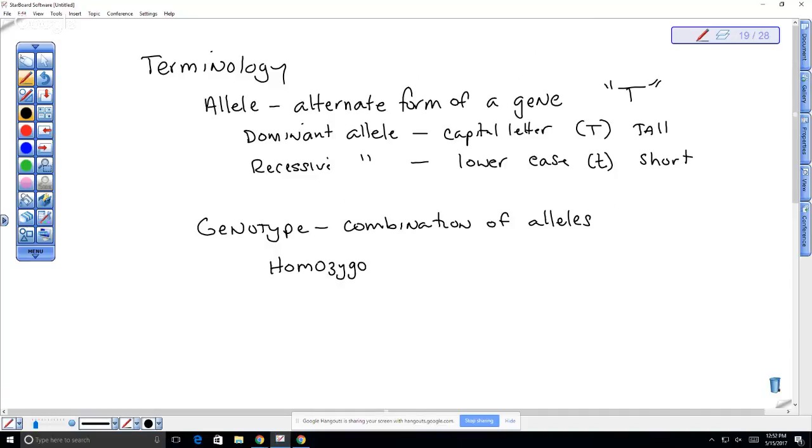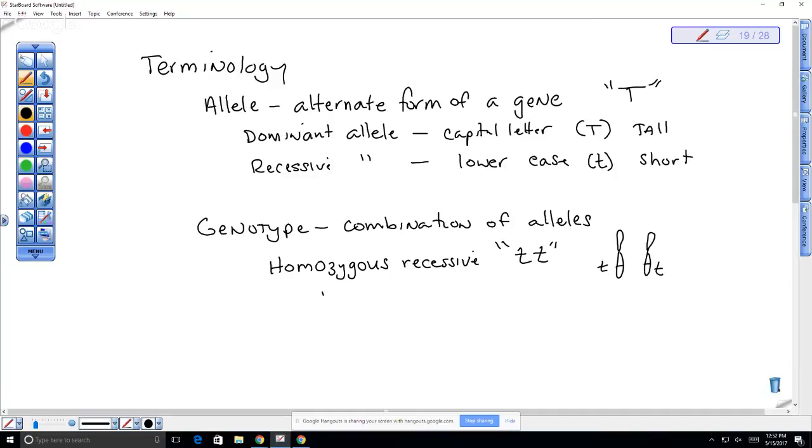Just remember, homo means same, and I'm saying that it is recessive, so I would have 2 copies of the little allele. Notice since I am diploid, plants are diploid, so they have 2 copies of every gene, right? And those genes would be on separate chromosomes, right? So the chromosomes would look like this. You have a little t and a little t, right? Because we have 2 copies of every chromosome, hence 2 copies of every gene.